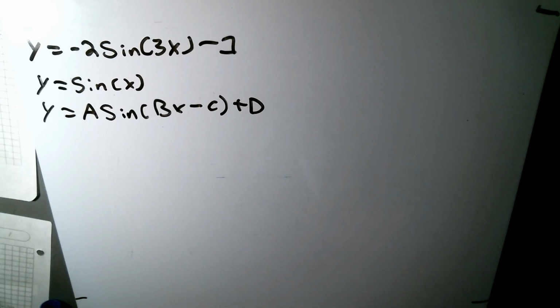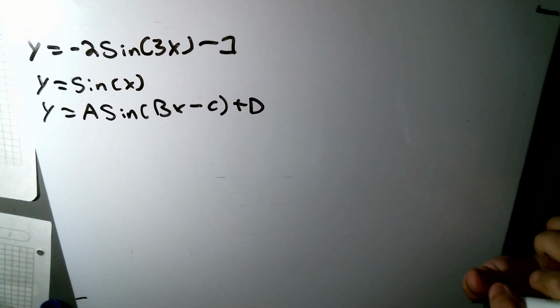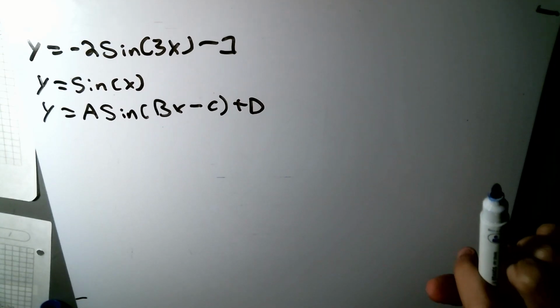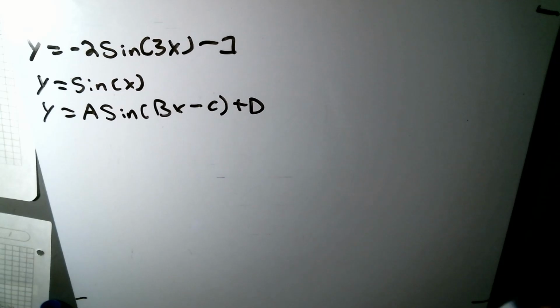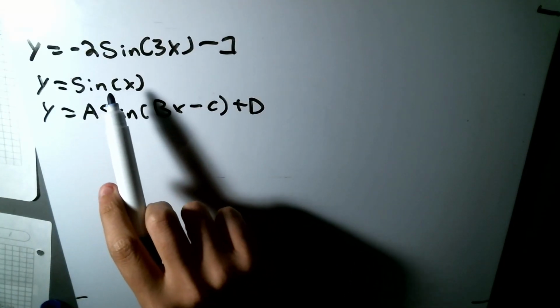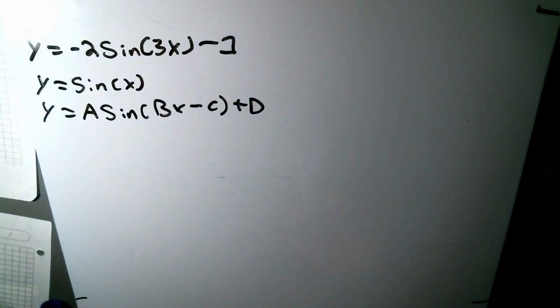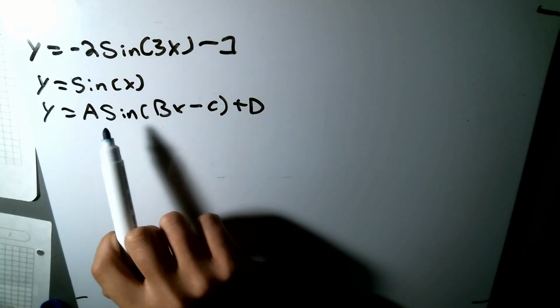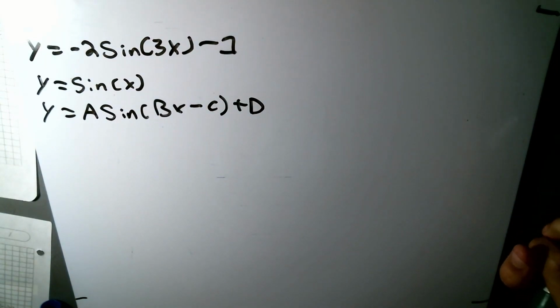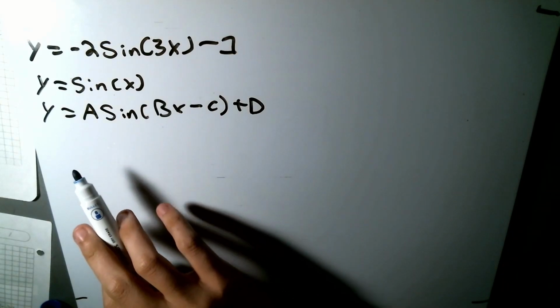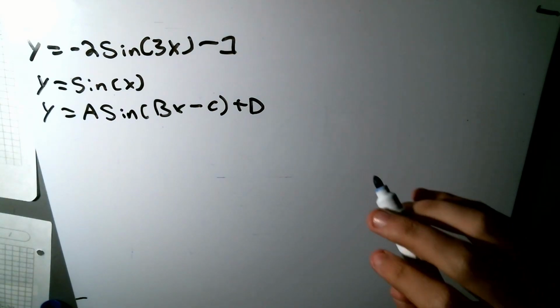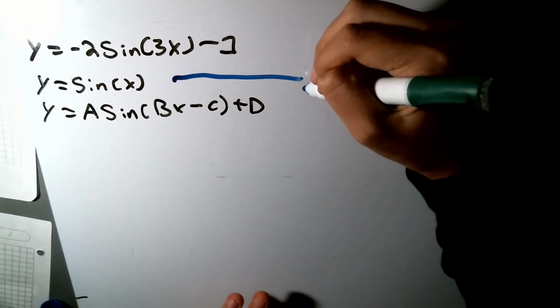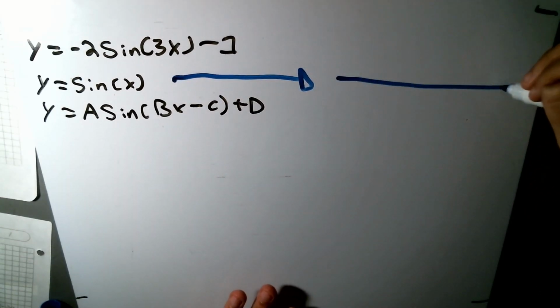So we're going to start with what kind of graph or function we're working with. It is y equals minus 2 sine of 3x minus 1, which is a sine function. It is y equals sine of x. If you're familiar with y equals sine of x, you know that it just goes like this.